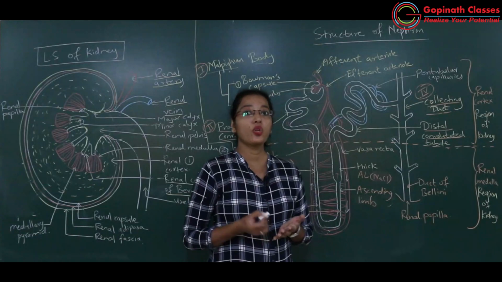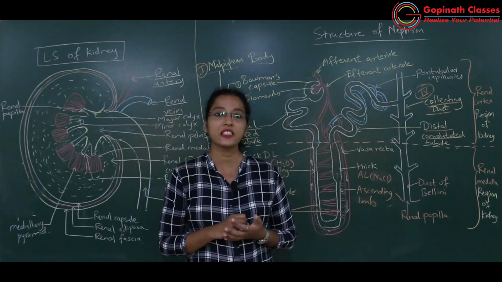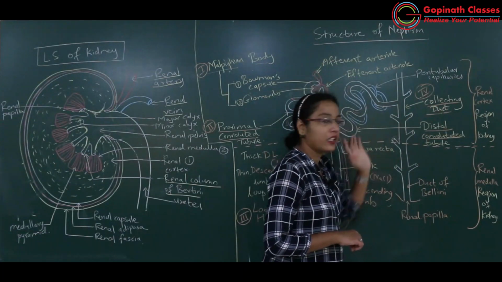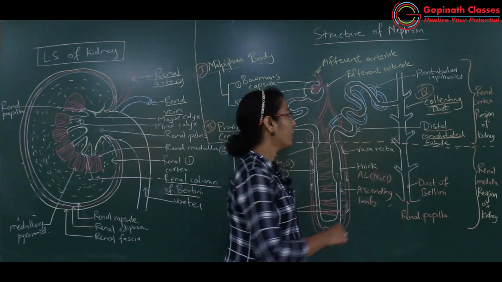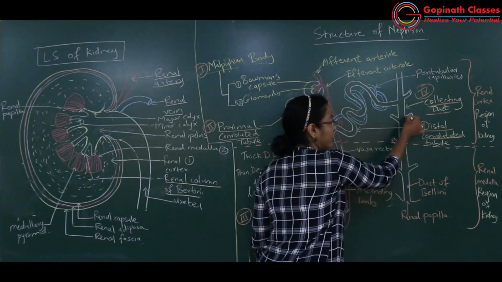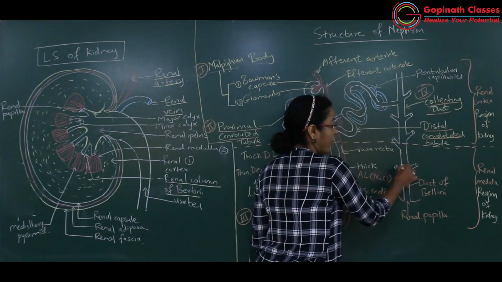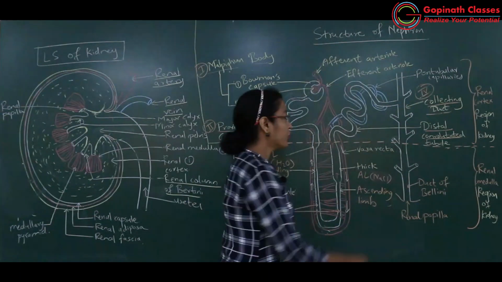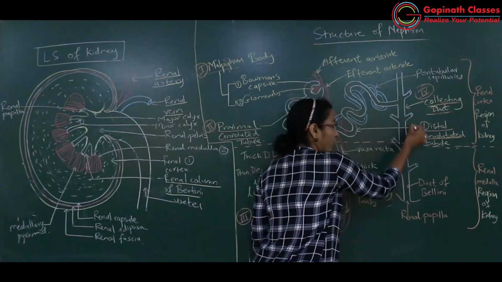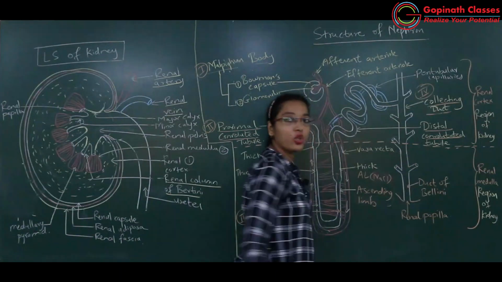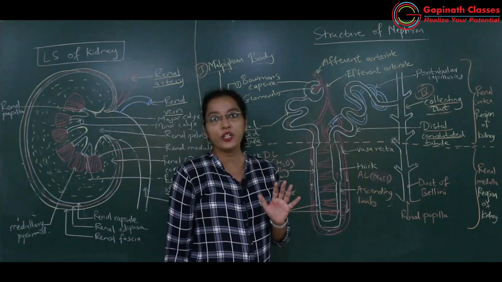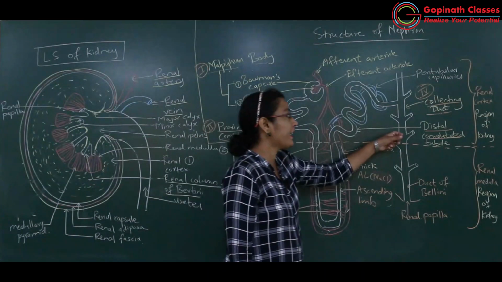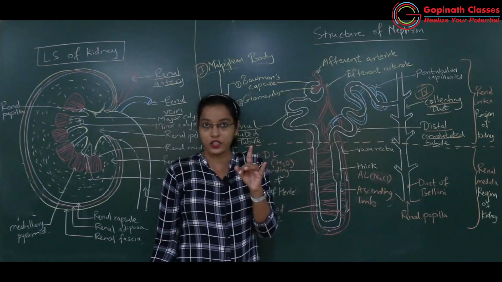Look here, 1, 2, 3, 4, 5, 6, 7 and 8. Total 8 distal convoluted tubules of 8 different nephrons are opening in one collecting duct.